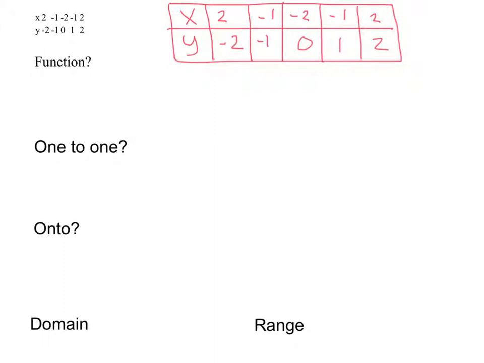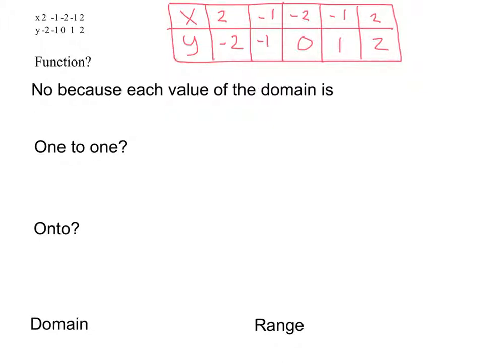So when we're saying if it's a function, we're going to say no, because each value of the domain isn't paired with exactly one element of the range.